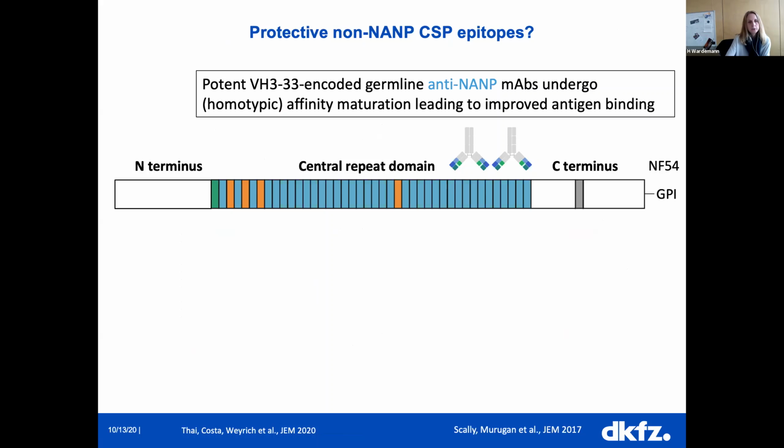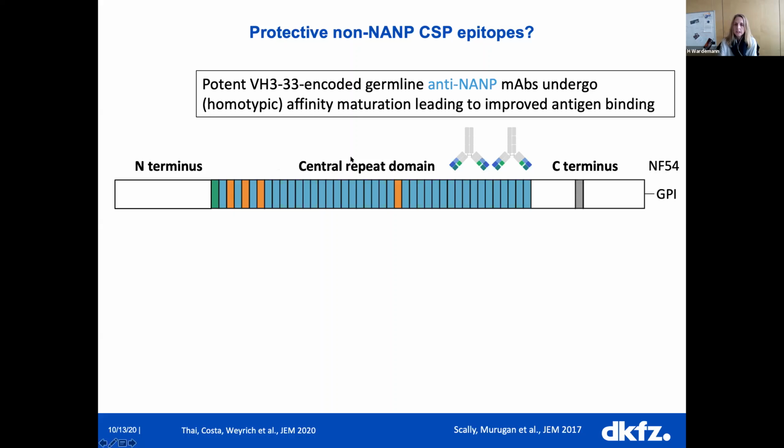Now, I've shown you that potent antibodies against this central repeat domain were frequently encoded by these VH3-33 antibodies. They underwent this homotypic affinity maturation, also improving antigen binding indirectly. But the question to us was, are there any other B cell epitopes in the CSP that could be protective?